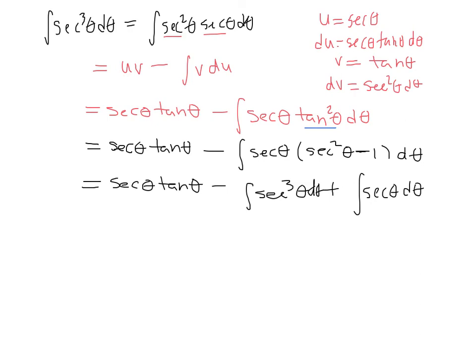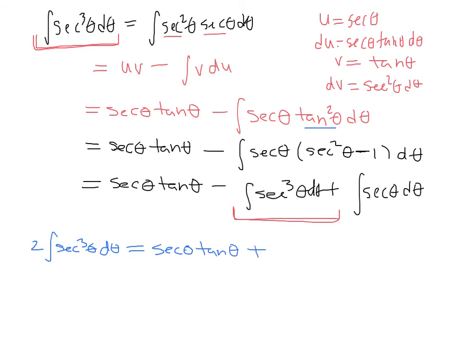And now you use the around the world trick. So this is the same as your original. We add it to both sides, which gives us 2 integrals of secant cubed theta d theta is equal to secant theta tan theta plus the integral of secant theta d theta, which is ln absolute value of secant theta plus tan theta.